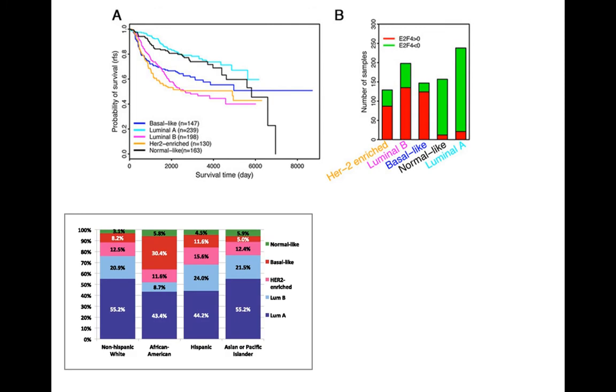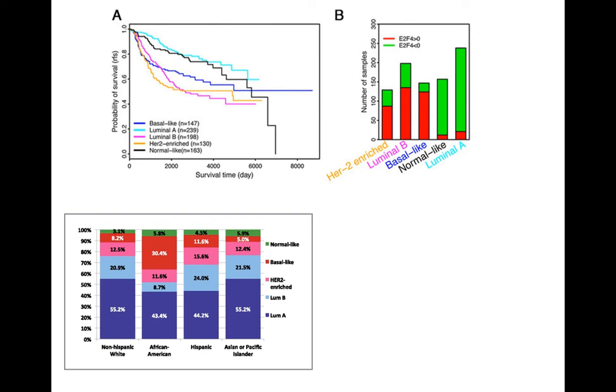This is important because many people feel that it's the basal type breast cancers that drive the disparity with regard to mortality in breast cancer. And so if you look at the proportion of these different types of breast cancer in non-Hispanic white women, African American women, Hispanic women, Asian Pacific Islanders, you can see at a glance the difference between the luminal A's and the basals.